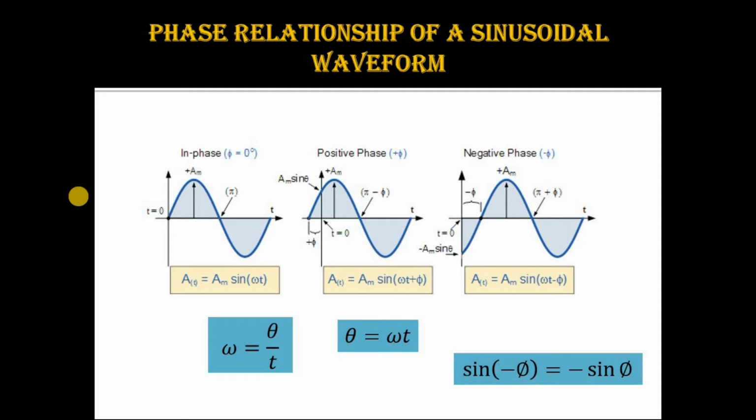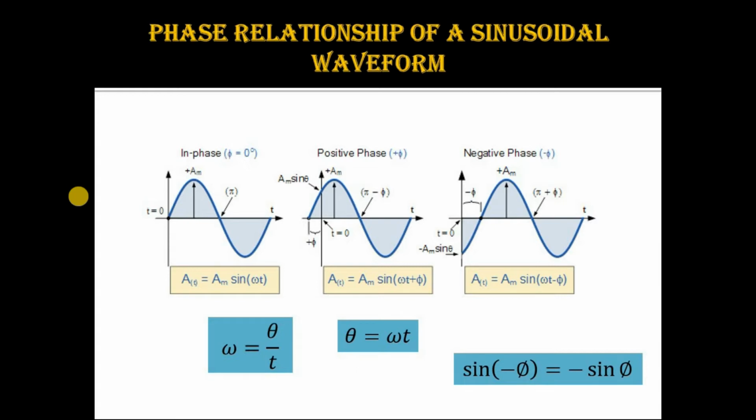Sin minus phi is minus sin phi. So at theta equal to 0, the magnitude of the waveform will be minus Am sin phi. That is denoted in the curve. At theta equal to 0, if you substitute theta equal to 0 in Am sin theta minus phi, we are getting Am sin minus phi, that is equal to minus Am sin phi.